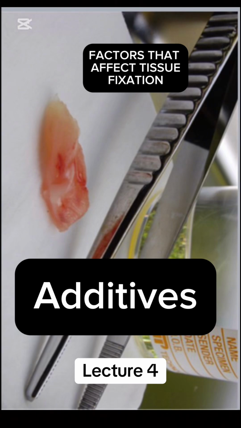Then the non-electrolytes. An example is sucrose, which serves as an osmotic stabilizer, preventing tissue shrinkage or swelling. It also protects cell membranes and organelles during fixation. The other example of non-electrolyte is dextran.